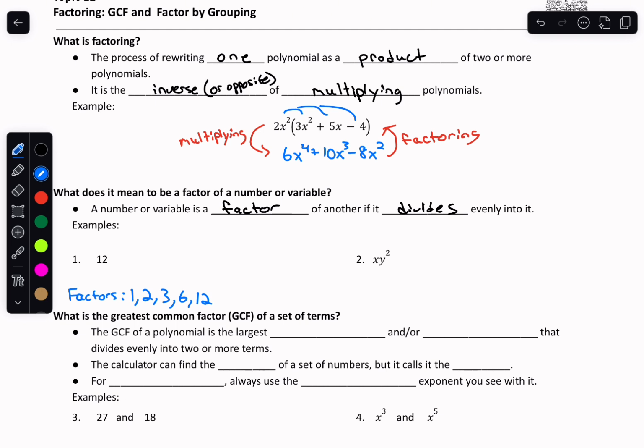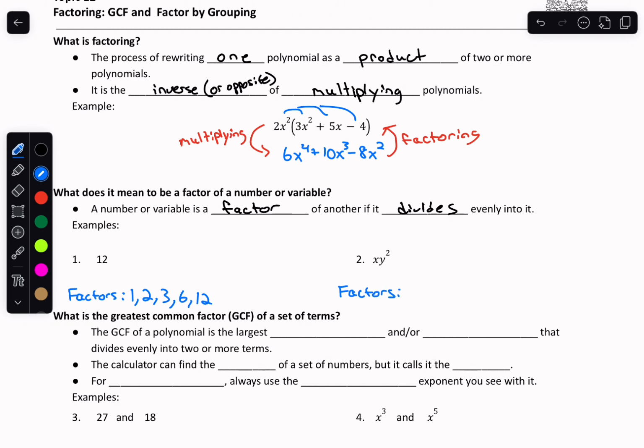Notice that is a whole number. So as long as when you divide the original number, you get a whole number, that thing you divided by is a factor. For polynomials, or any real expression, it doesn't look too much different. When we add in variables, the process doesn't change, we just have to keep it general. So for xy squared over there on number 2, our factors are no longer going to have numbers in them.